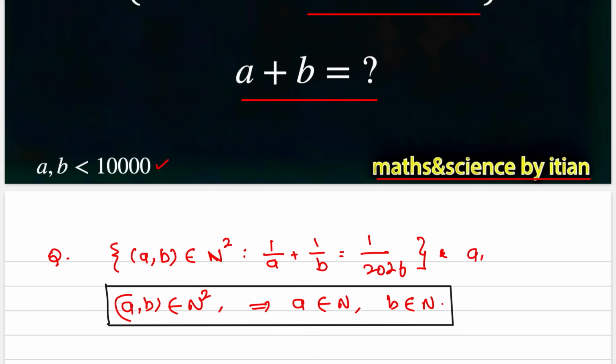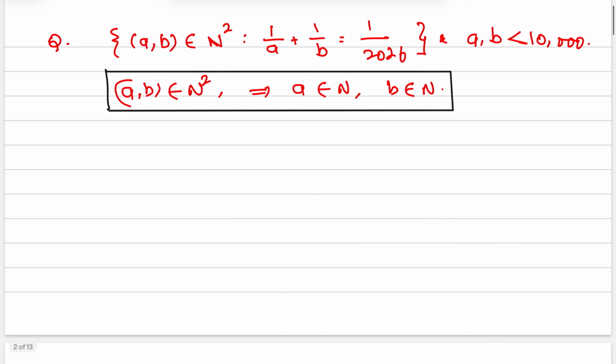And A, B are less than 10,000. What we have to find out? A plus B is equal to how much? It's a problem typically in mathematical notation, and the mathematical notation should be understood by you to solve this type of problems in a mathematical language. Let us try to solve it.